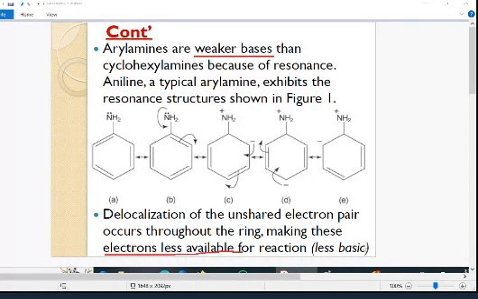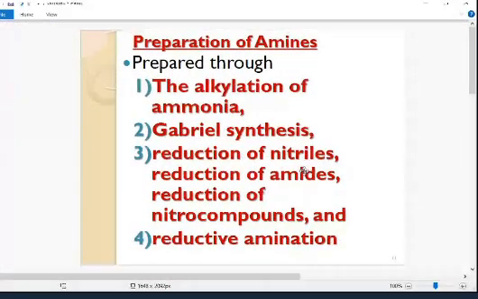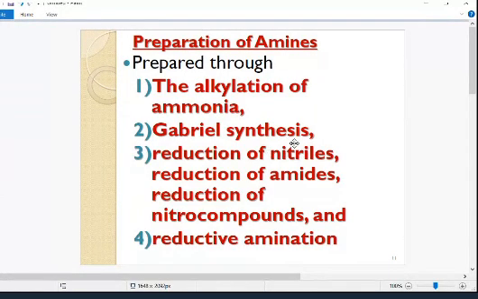So having the background of what we are going to discuss, how do we prepare these amines? There are various ways of preparing the amines. We are going to describe just a few of them so that you see how we are getting that. The most important one in this case is what we call the alkylation of ammonia.